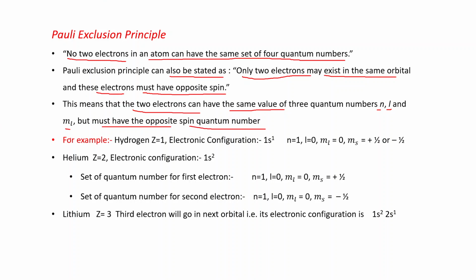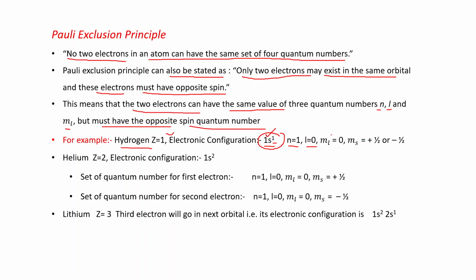See the example, hydrogen, atomic number is 1. Its electronic configuration is written as 1s1. If we write all quantum numbers for this electron, then n is equal to 1. This one is coming from this. l is equal to 0. Why is this 0? This is because for the s subshell the value of l is 0.